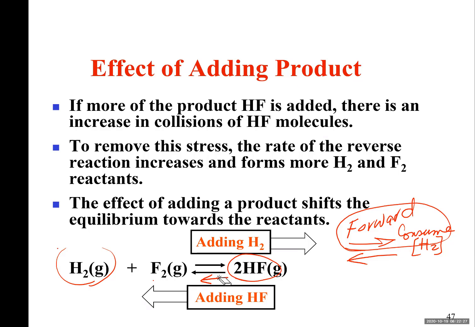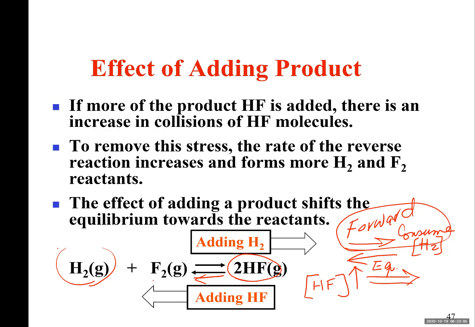Okay, so let me give you another example. What happens if we add HF? If I increase the concentration of HF in the reaction mixture, Le Chatelier says equilibrium is going to respond to your change. What is the response of equilibrium? Opposite to what we have done. What is the opposite of increasing HF? Knowing that the reaction can shift, if it shifts to the left, it's going to consume HF.